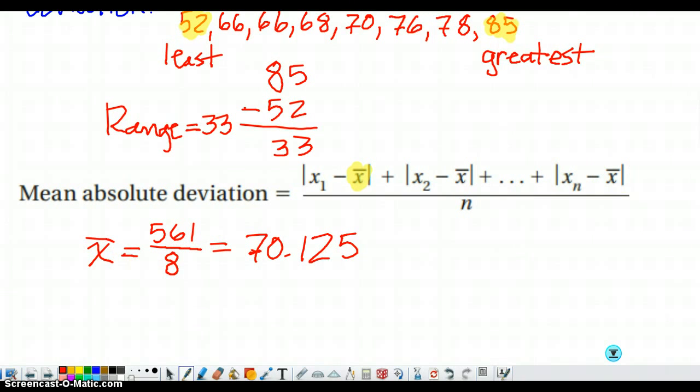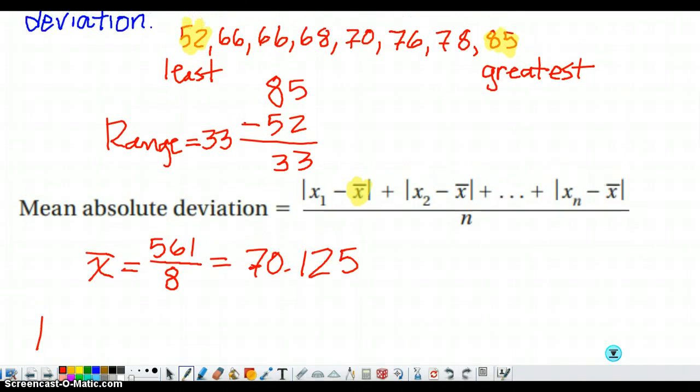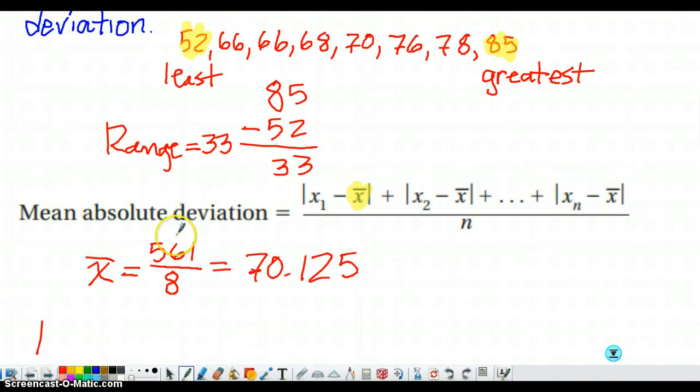What we need to do now, though, is figure out the difference between each value and the average. One way to do this is to go through and fill in these values. If I take my absolute value of x sub 1, that's this one right here. We'll start labeling x sub 1, x sub 2, and so on, and we realize that this one is x sub 8.